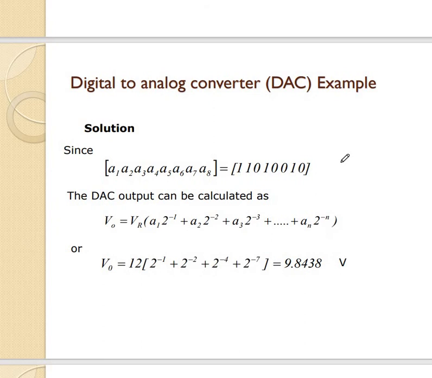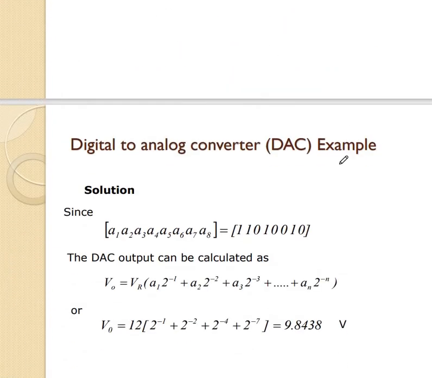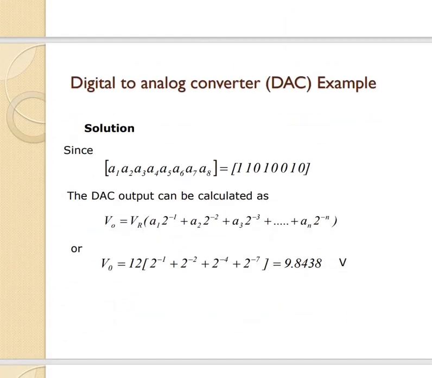Okay, so we have here 1101010. We just input it inside this equation. A1 is equal to 1, A2 is equal to 1, A3 is equal to 0, A4 is equal to 1, and so on for A5, A6, A7, A8.